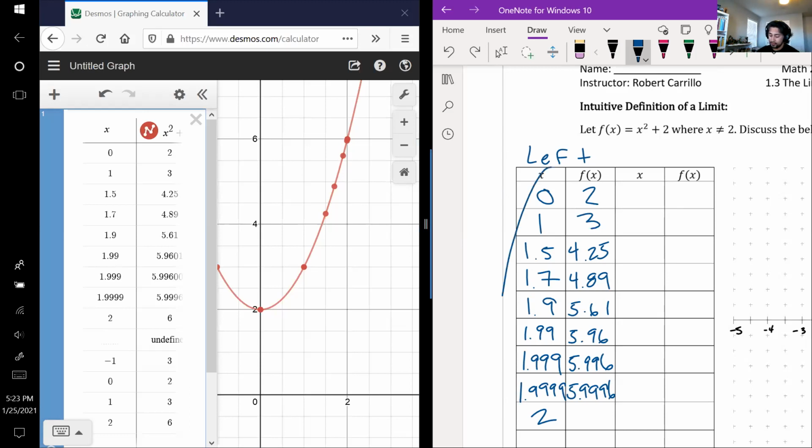So as X approaches 2 from the left, so as X gets closer and closer to 2, we see that Y is getting closer and closer to what number again? 6. 6. Good. But can we actually land on 6?